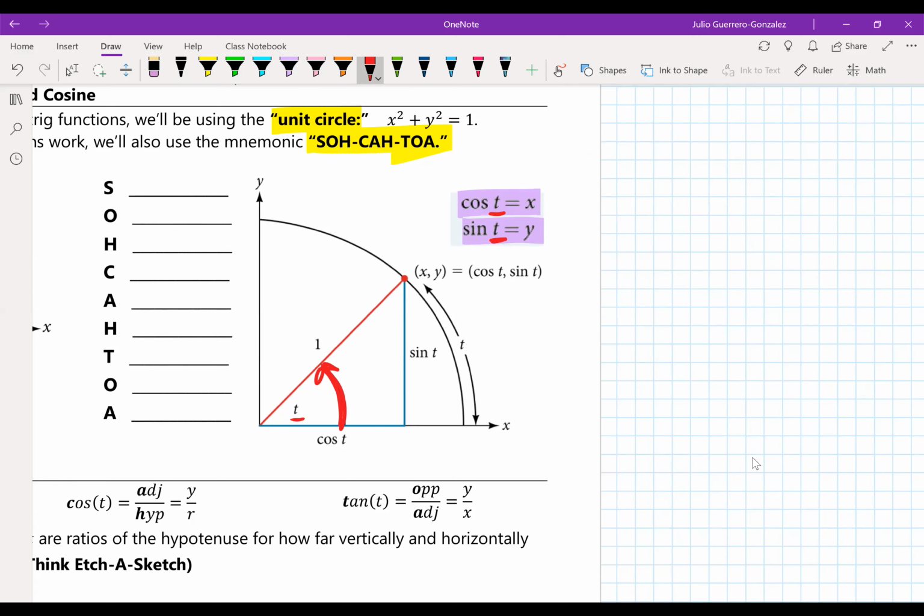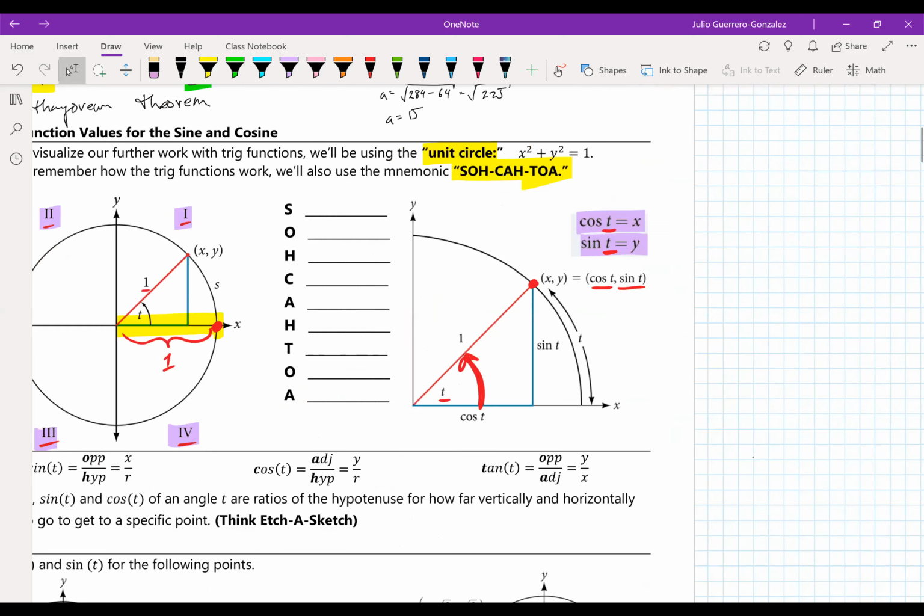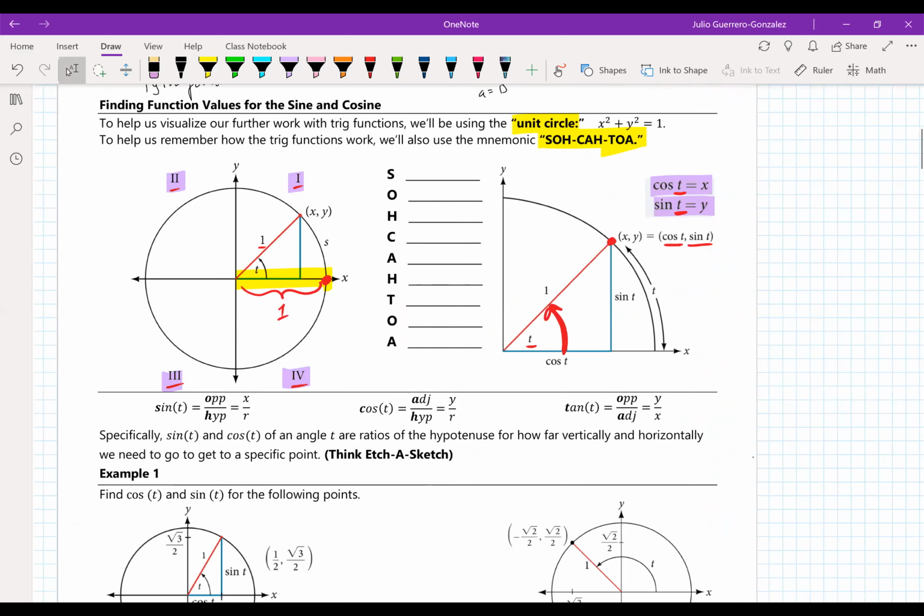So depending on an angle, it has an x and a y attached to it. So if this point right here is xy, the x portion is called cosine and the y portion is called sine.